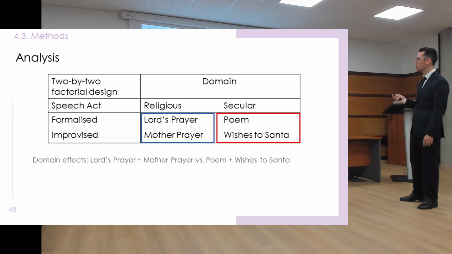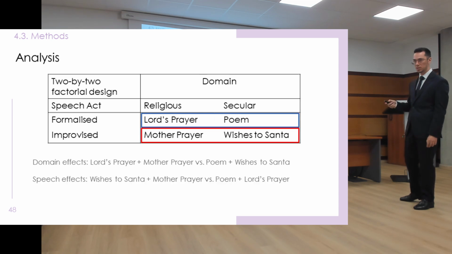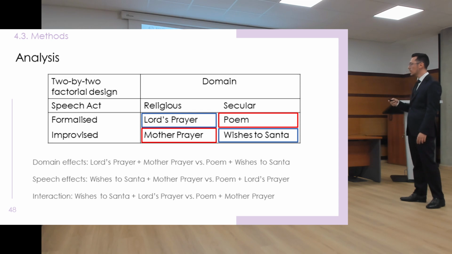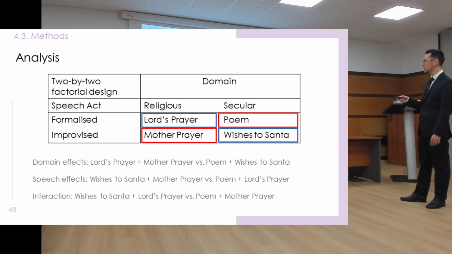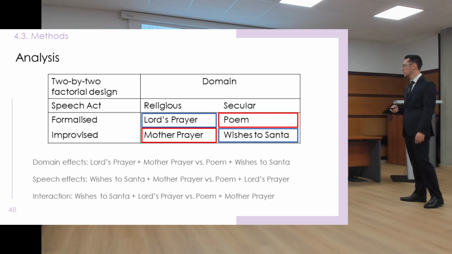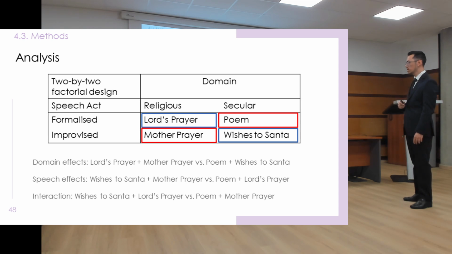This included the comparison of the factors, comparing between prayers and their secular equivalents, also between formalized and improvised speech acts, and finally we also included an interaction analysis to observe how these factors affect each other. With these comparisons, the group analysis was performed using a one-sample t-test, and the analyses were thresholded at typical p-values.